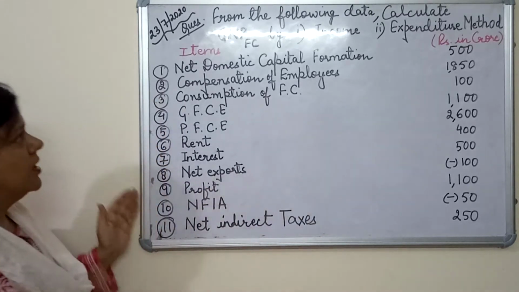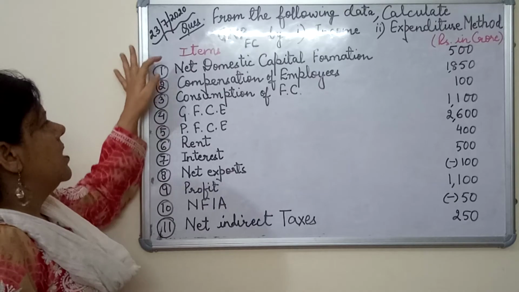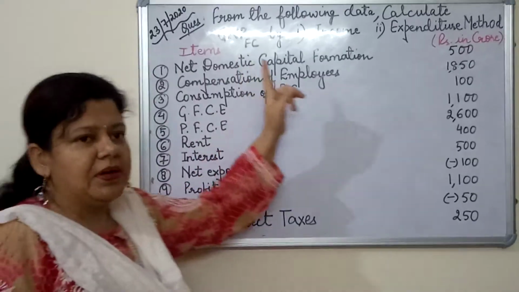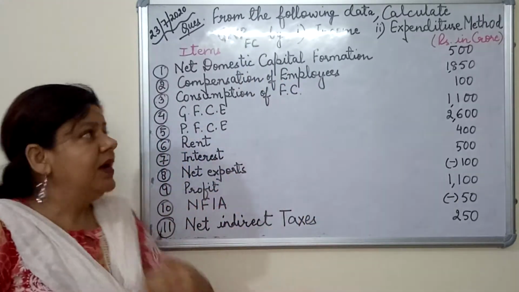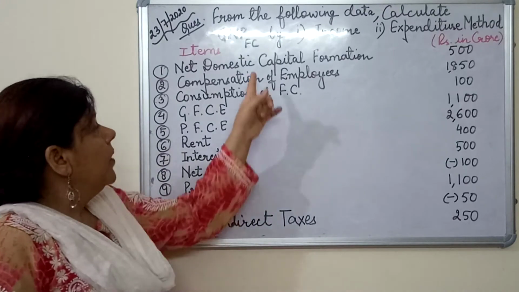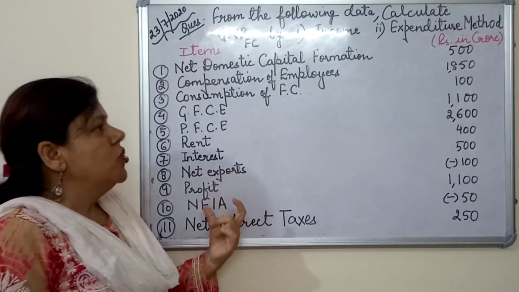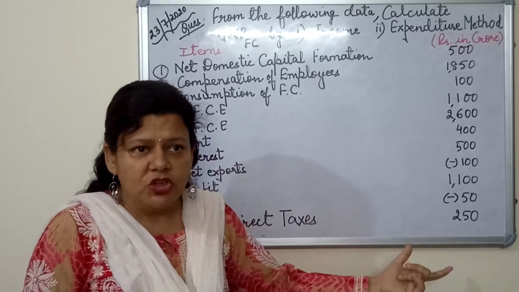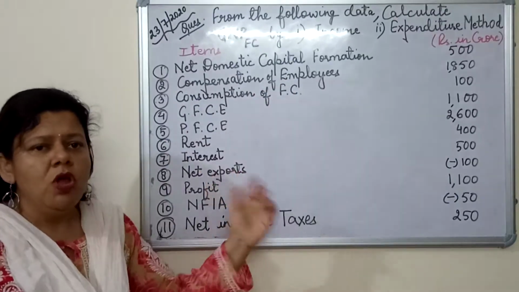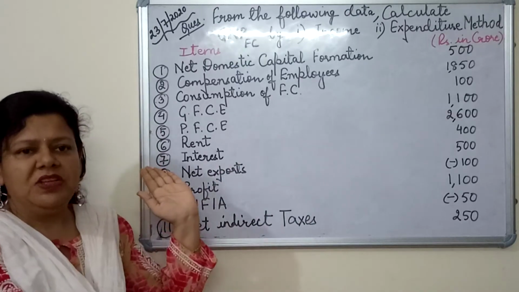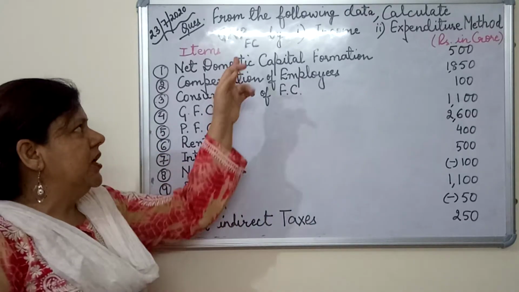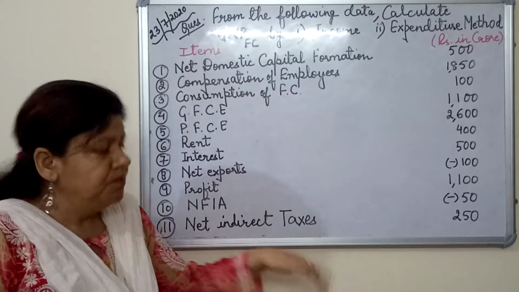So in this question, what is given to you is net domestic capital formation. You remember that in the expenditure method formula you would be using gross domestic capital formation. If net is given, you have to add the depreciation to convert it into gross.